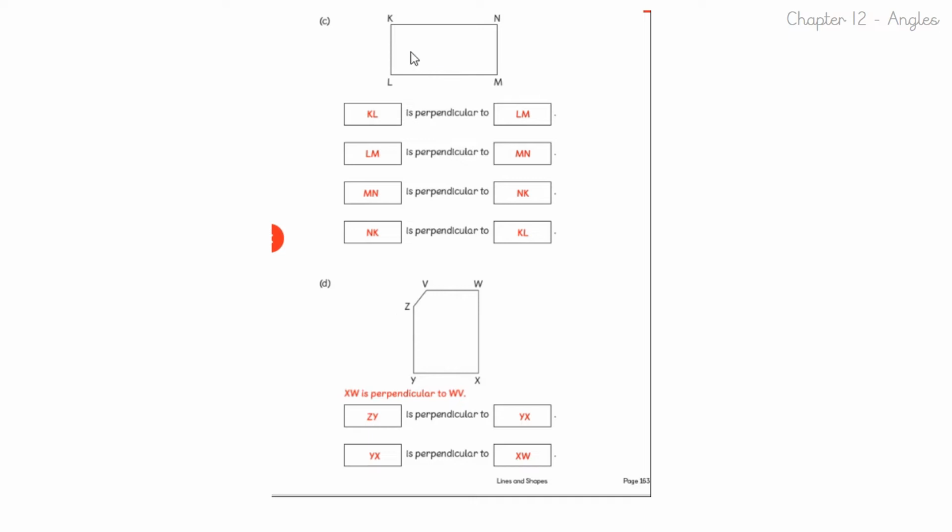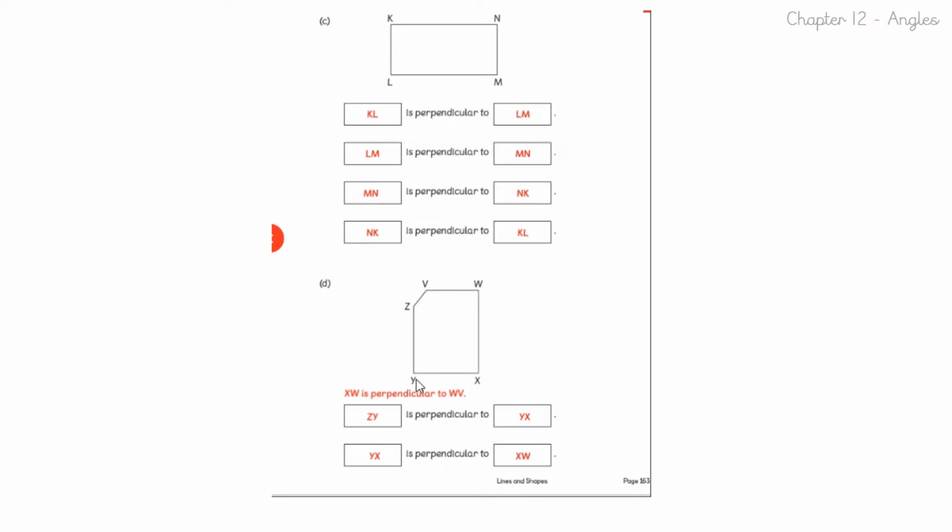Okay, so you got four different options. Do not worry if you wrote the letters in a different order. That's fine as long as it makes sense. Okay. Now figure D, we know that ZY is perpendicular to YX because they make a right angle here.